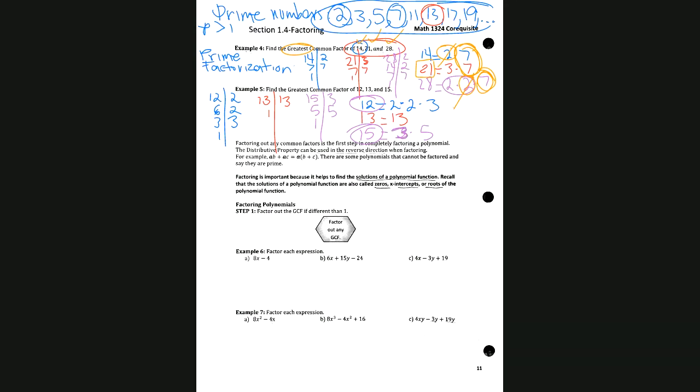But our question included the number 13, and so 13 doesn't have anything in common with 12 and 15. So then we say that the greatest common factor between these numbers is 1.